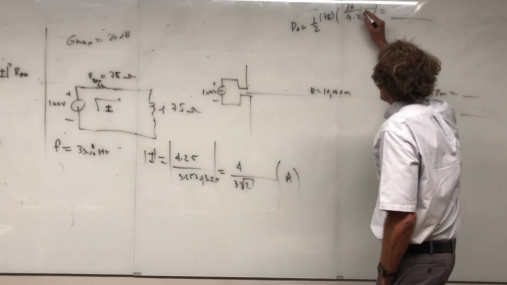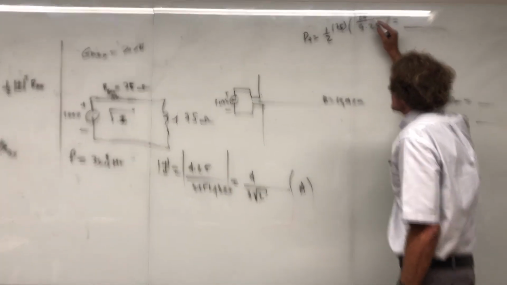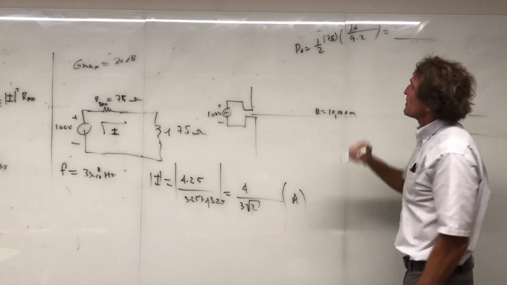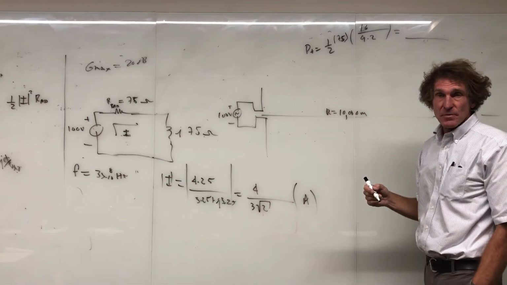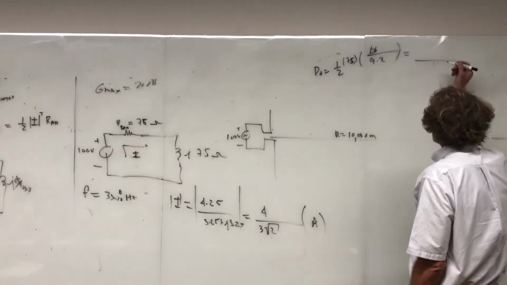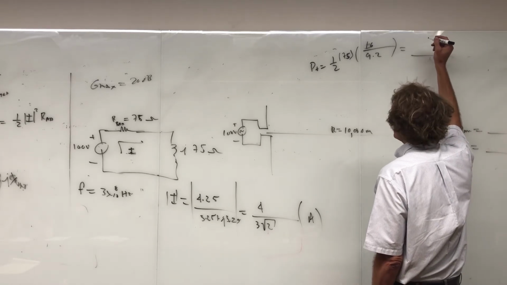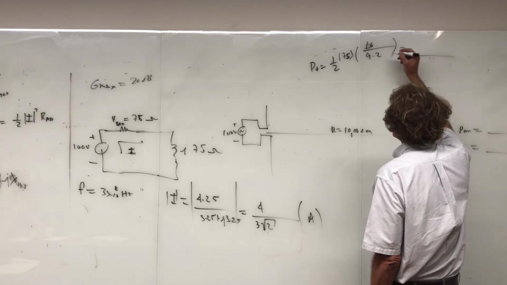That's really 8 over 9, 4 over 9 times 75. Just tell me what that is. Anyone? 33? Is that right?